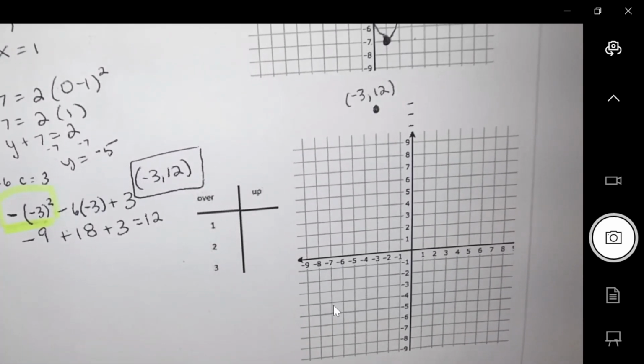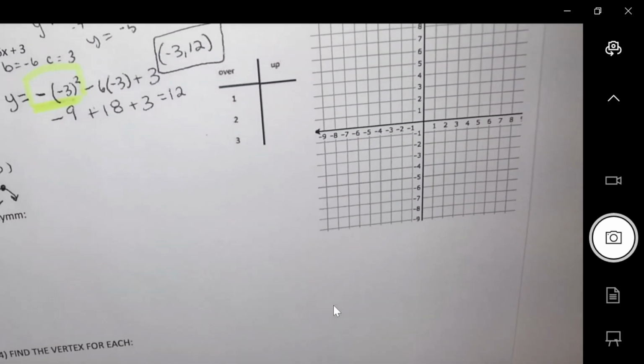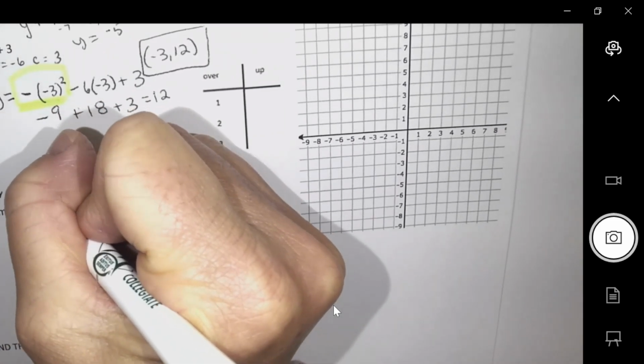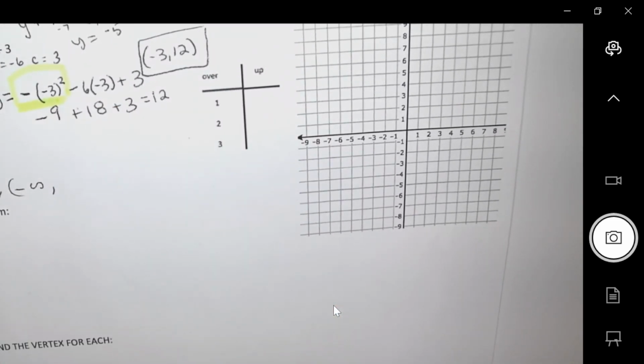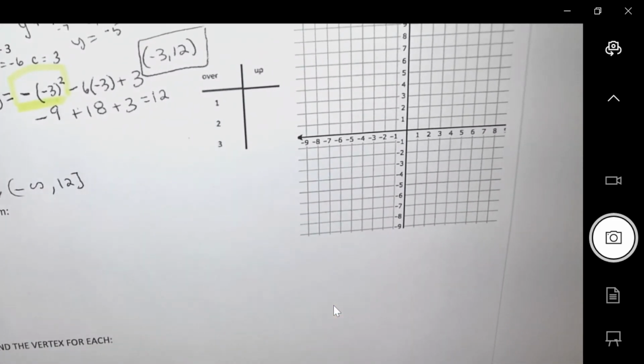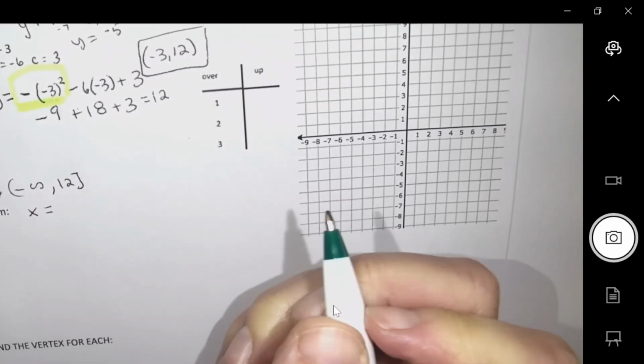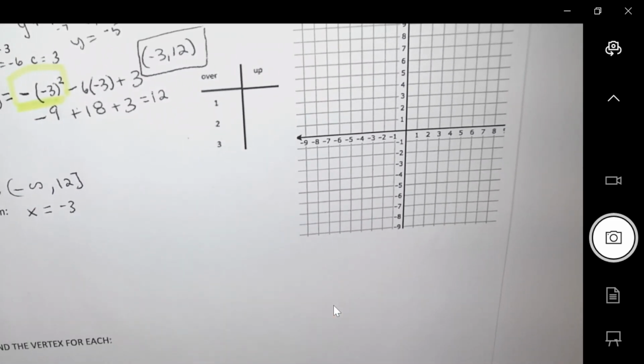So therefore, the lowest is negative infinity to the height of 12. And then the axis, we're going to cut through the middle at x equals negative 3.